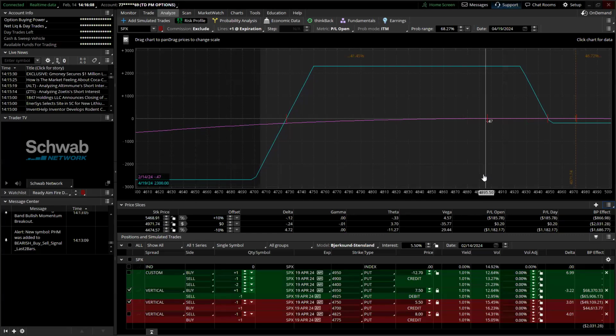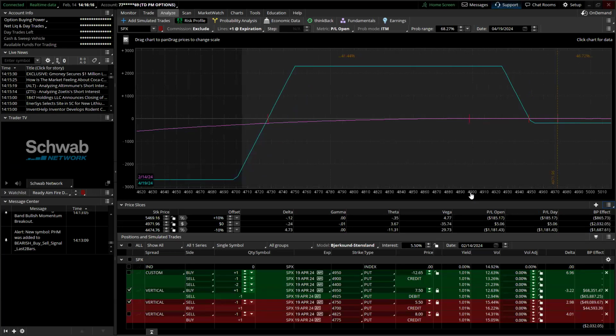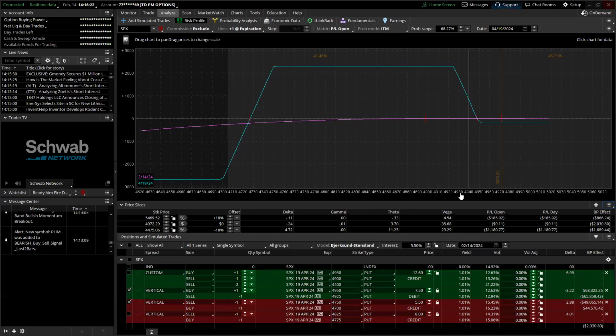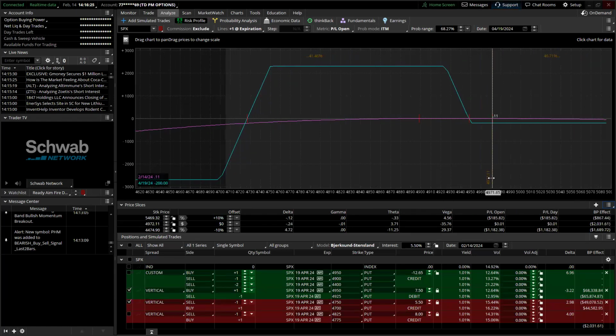Right? That's up to you. But we know the risk is $2,700. Our first profit target would be 10% return on risk, so $270. When we're showing P&L 270, that is your cue to get out.